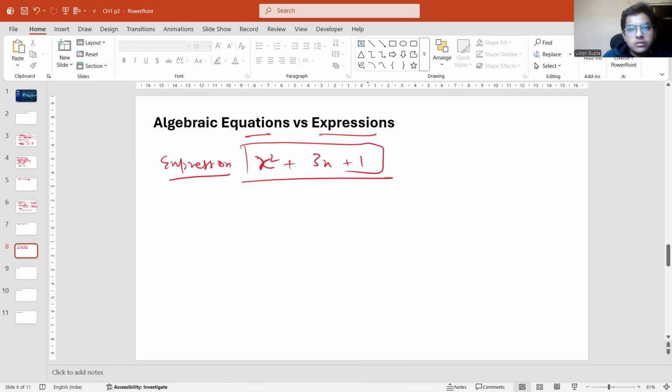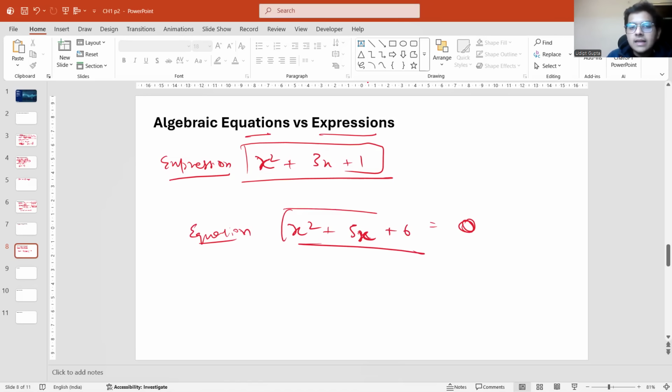What is an equation? An equation is basically when I have something equating it to something. Let's say I have x square plus 5x plus 6 is equal to 0. This is an equation that can be solved, equating it to 0.